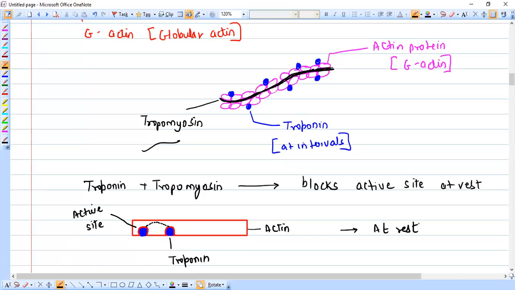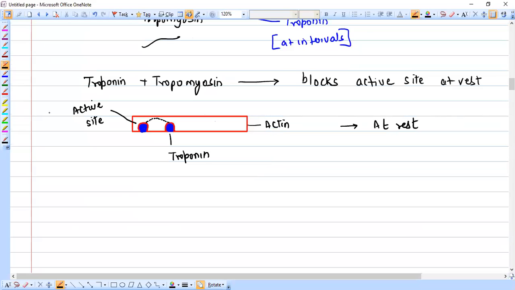But when the muscles are working, what will happen? What will happen at the myosin head? If this is at rest, the myosin head will normally be free. So I draw it this way. This is the myosin head, and this myosin head is free. So at the resting stage, the myosin head is free.